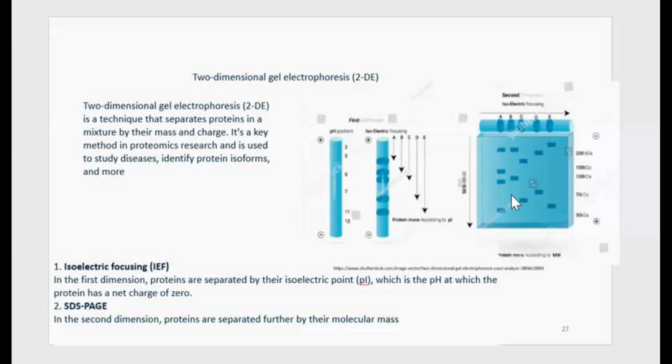Of course, staining is required, and after staining, the distance of each band from one electrode is measured, and a graph of distance for each protein against the pI value is plotted. I repeat, the distance of each band from one electrode is measured, and a graph of distance of each protein is plotted against its pI, right? So you can have the calibration line, and the pI of an unknown protein can be determined from its position on the gel.